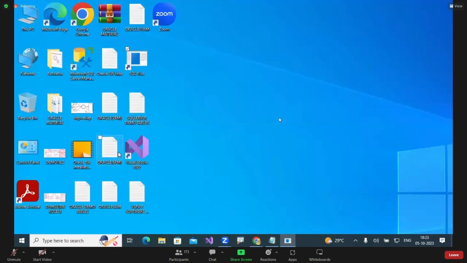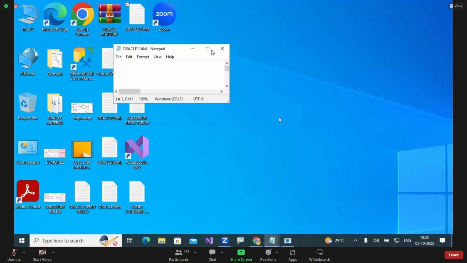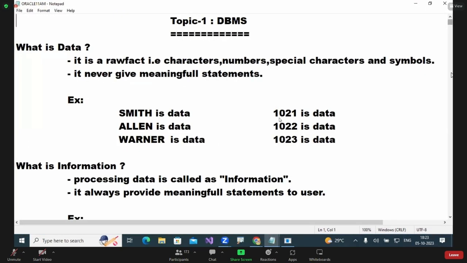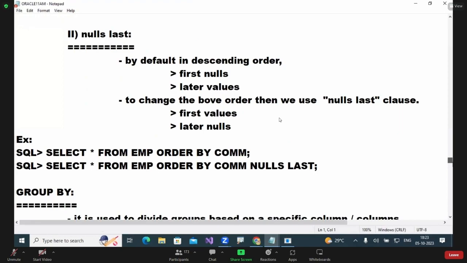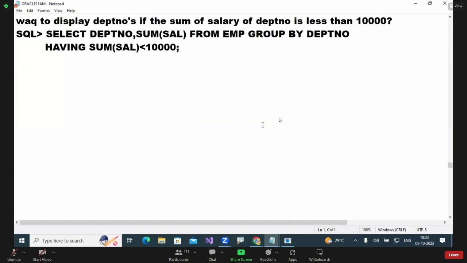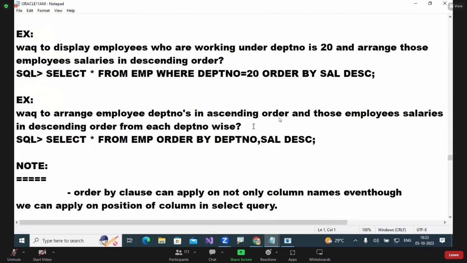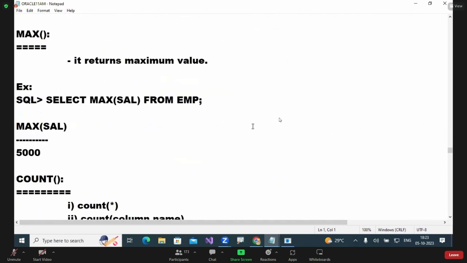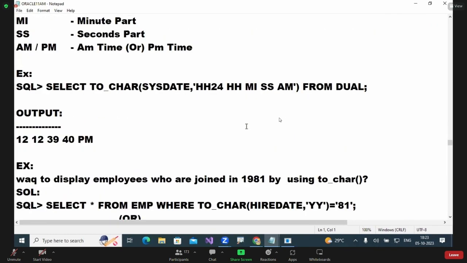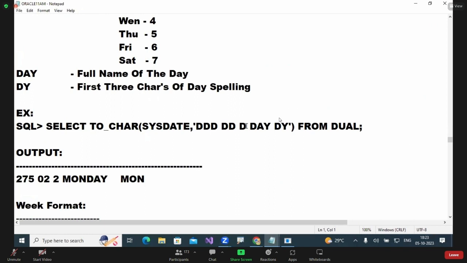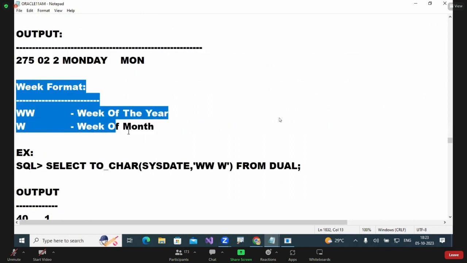Okay, and the next one, see this. So next we have here the week intervals. So day format, and later take your week format intervals now.